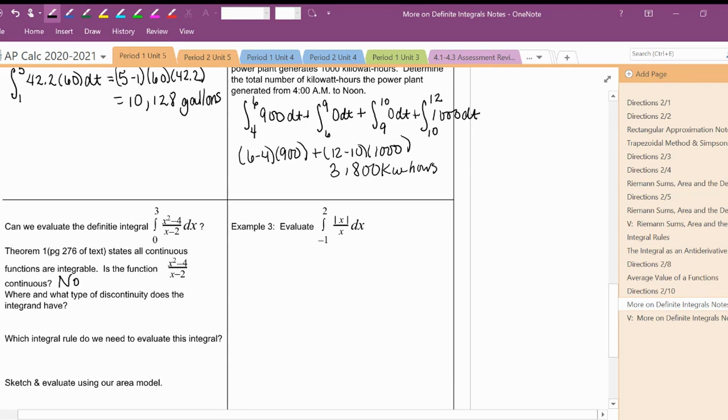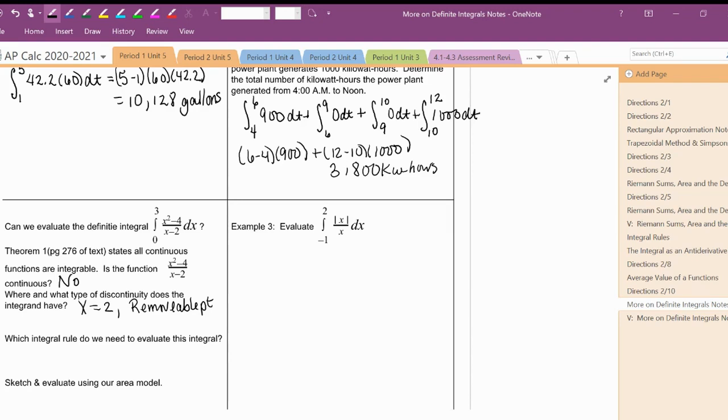Okay, where do we have a discontinuity? At x equals 2, and we would call this a removable or point discontinuity. And so I still would argue that we can integrate this function from 0 to 3, even though that 2 is a discontinuity.